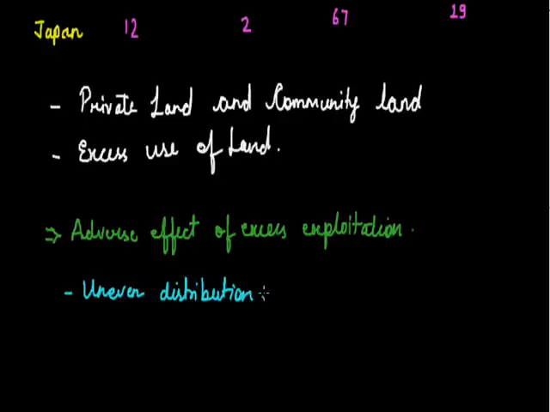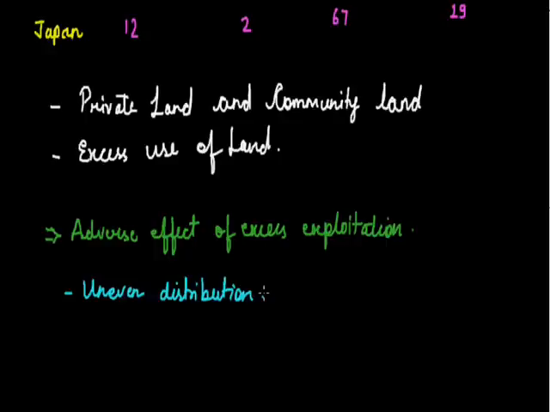Now here we are emphasizing building more factories, roads and commercial things, and we are using the rich land, or we can say the fertile land, for these purposes, which is not beneficial for land also. Now, land is a fixed resource, it is not going to increase or decrease.